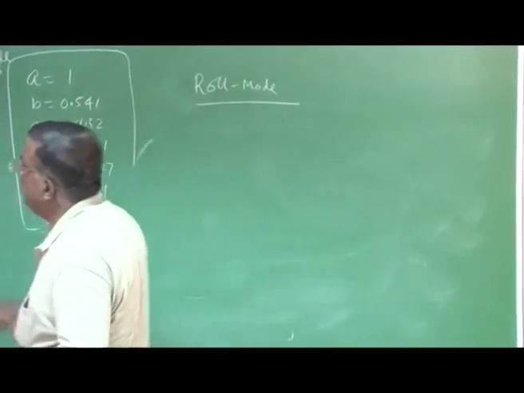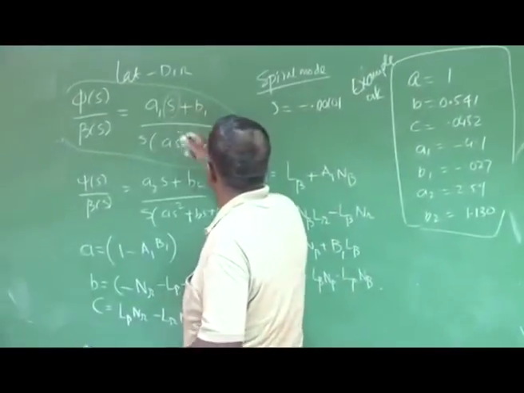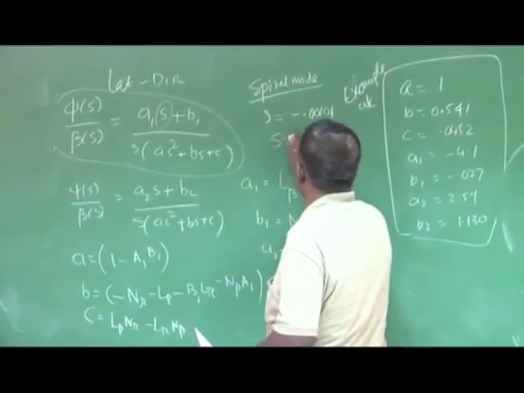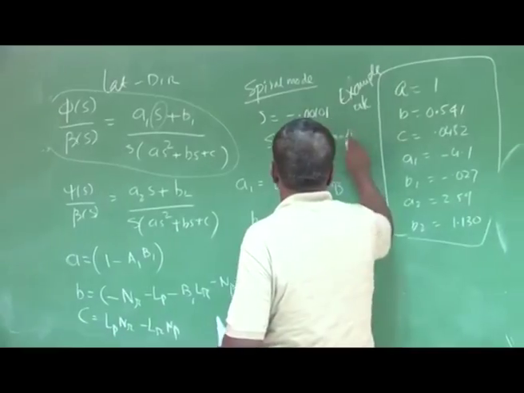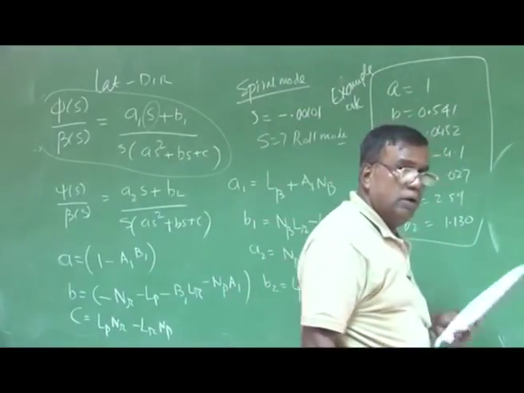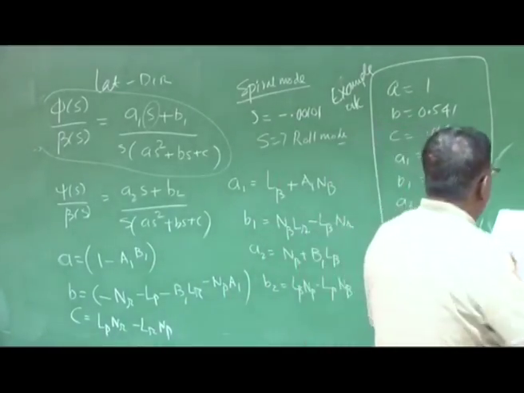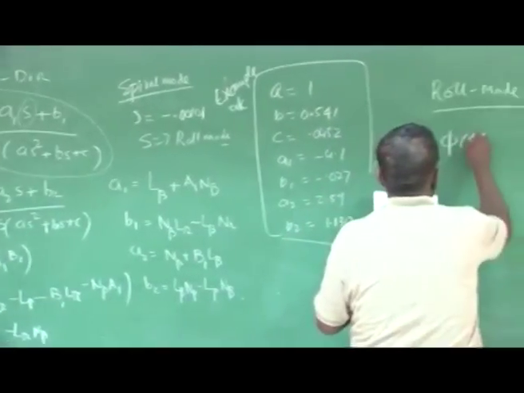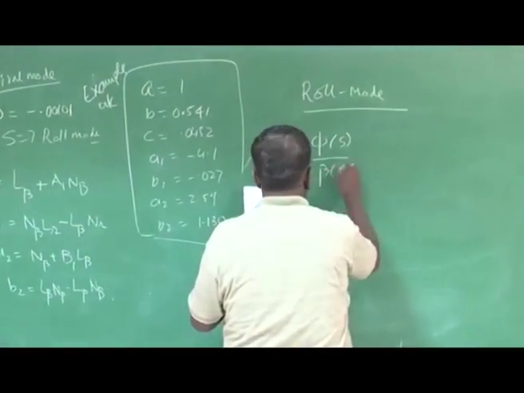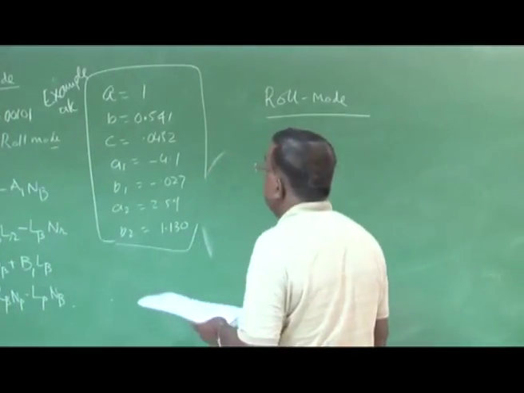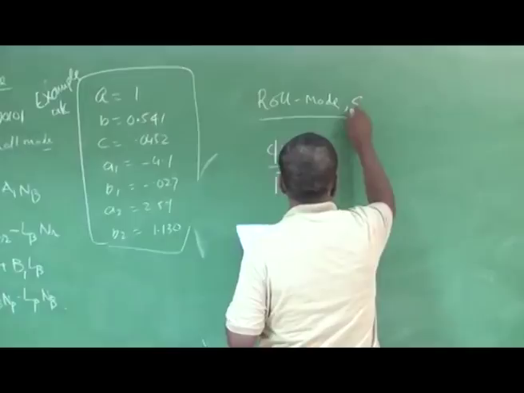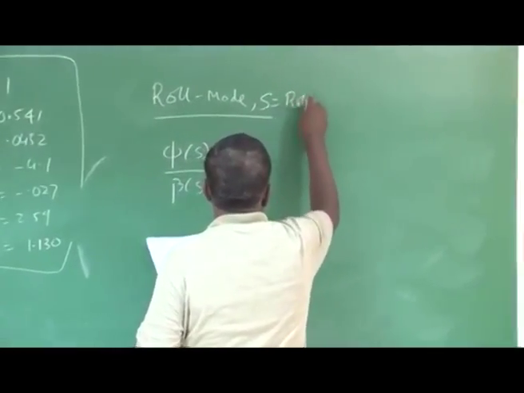What do you have to do? Same equations. Here S should correspond to roll mode, right? From that exact equation, and you know the roots, I have already given you. And if I write phi of S by beta of S, I use that expression, put the values. Now I should put S corresponding to roll mode.